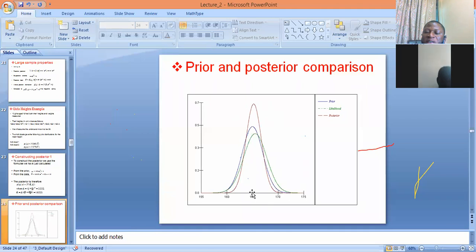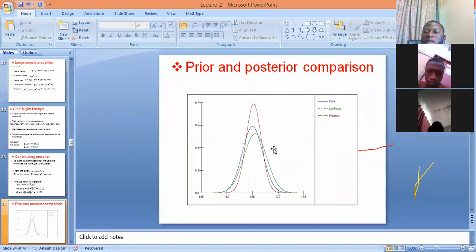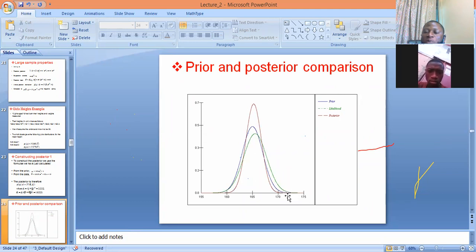So you can see the mean is in the middle here. The posterior is the red. Those of you who will do the course in the second semester, we shall use the computer to simulate the parameters, and then plot the posterior, the prior, and the data likelihood, and see how they behave.